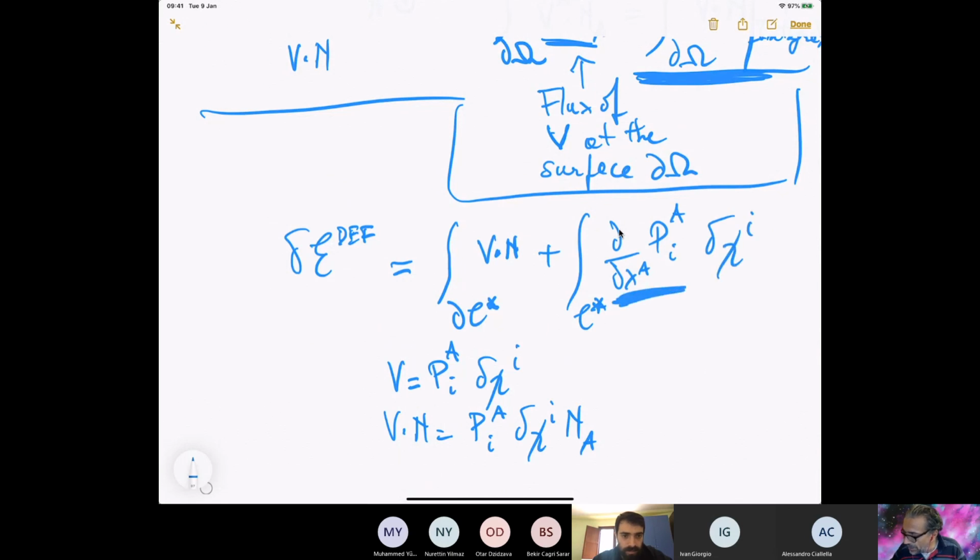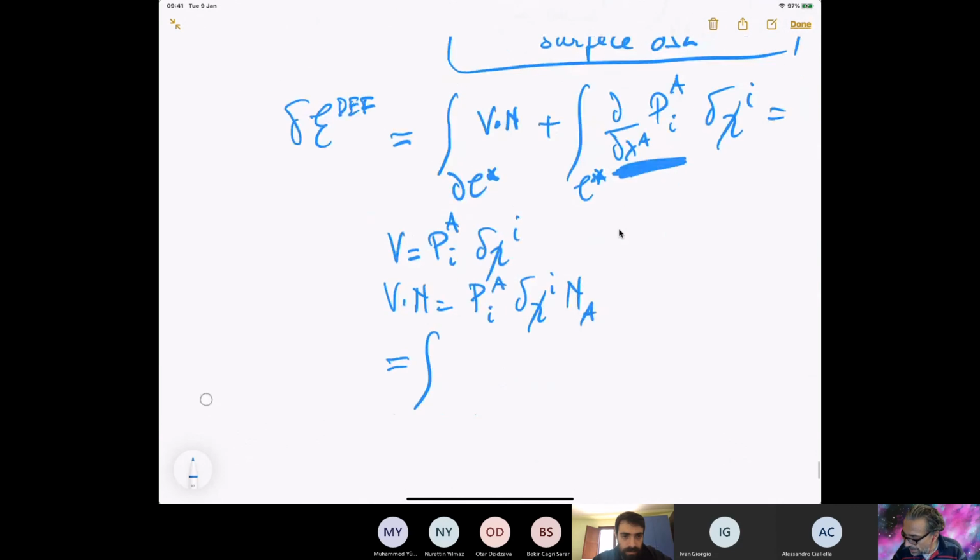This is the divergence of the tensor P dot delta chi.